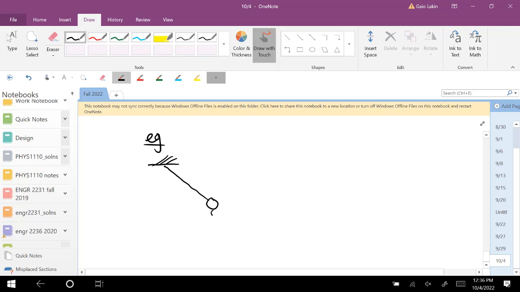So you start out holding this ball up at some height, and you let it go.